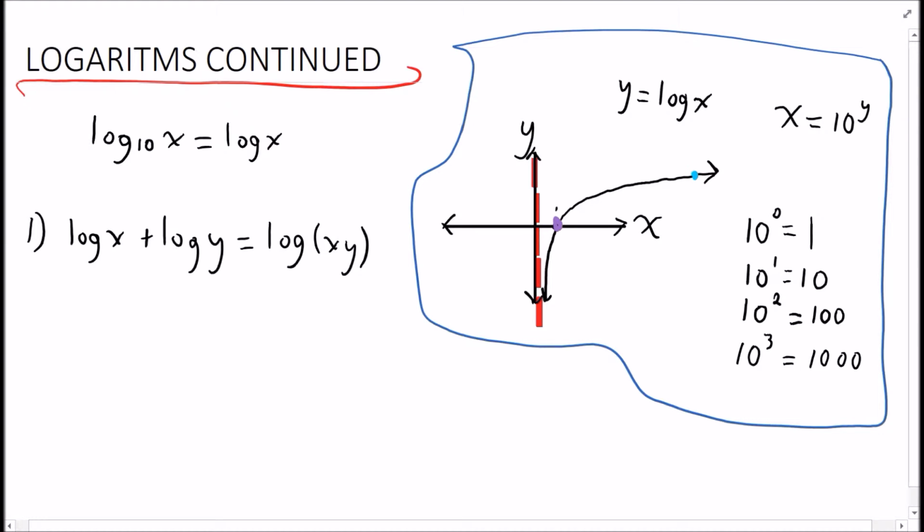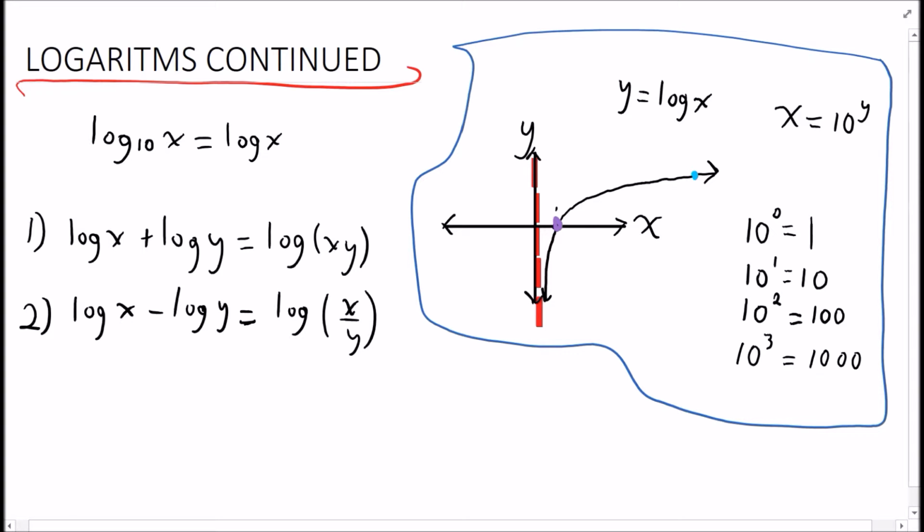Based on that rule, if I was to do the opposite, if I was to have log of x minus the log of y, then that would give me log of x divided by y.